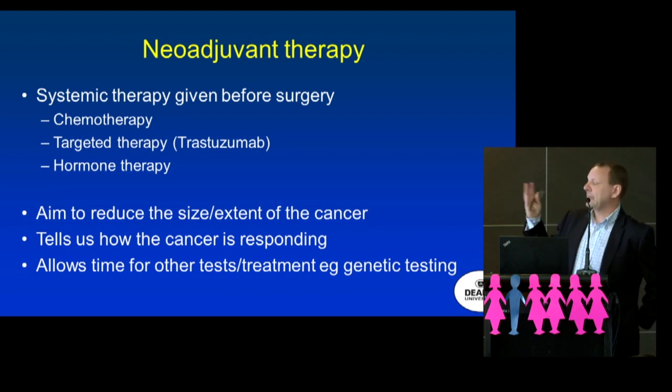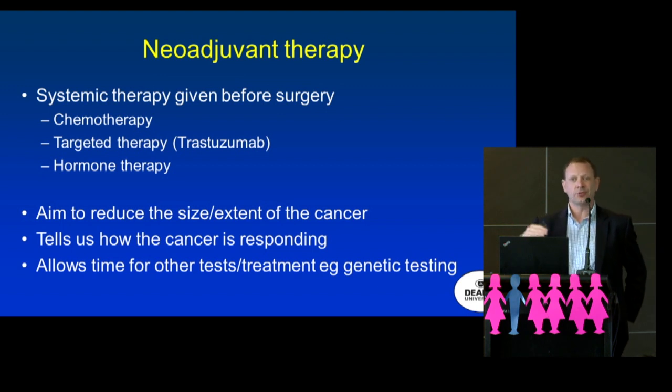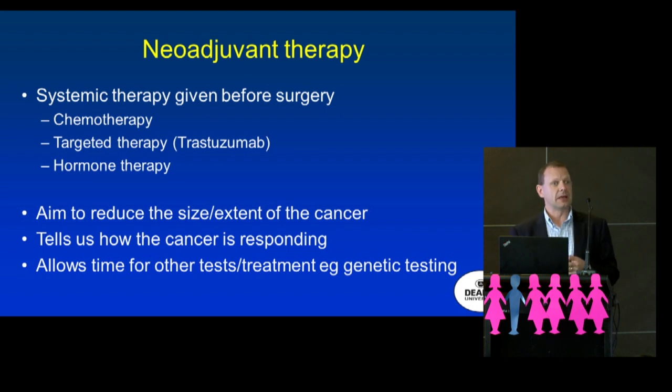So we might give chemotherapy or hormone therapy or targeted therapies first to shrink down the cancer, to make it easier for the surgeon to be able to get it all out. So if it's a big cancer and the surgeon says, listen, I don't think I can get that clearly, then if we shrink it down, it means that they might be able to. If we shrink it down, it might mean that they need to do less surgery. They may not need to do a mastectomy, they might get away with a lumpectomy.